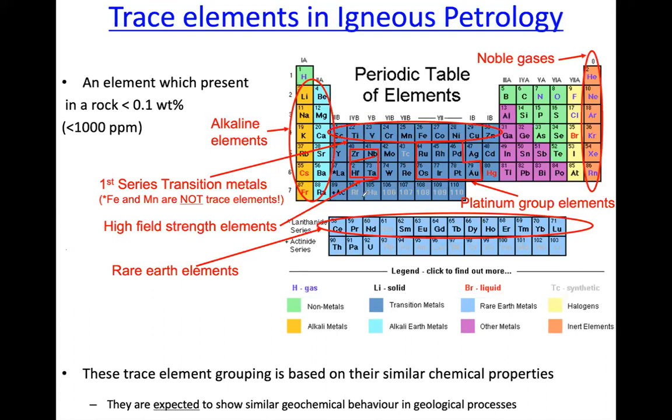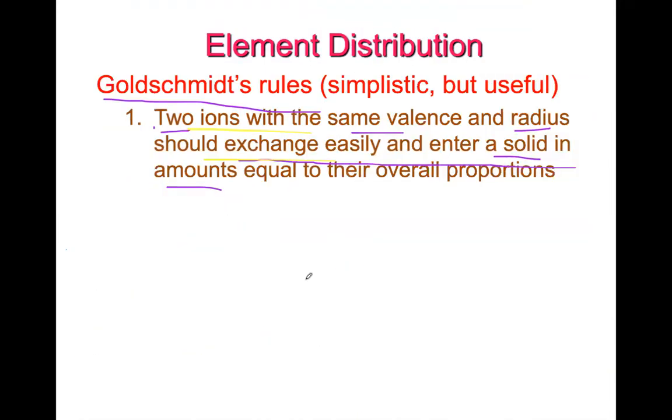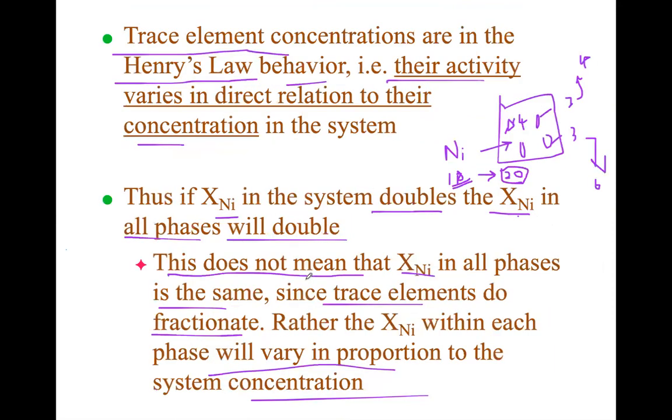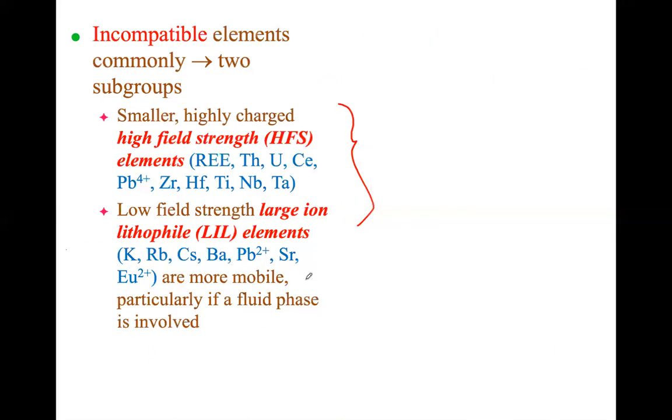You can take even the rare earth elements, that means the lanthanide series ones, also as high field strength elements. So if you make a complete list, then you will have to take the rare earth elements as well, right? You can put the rare earth elements plus thorium, uranium, lead, right? also into this category.